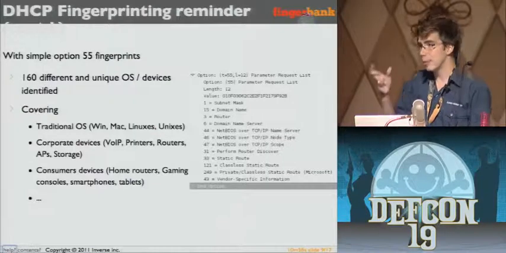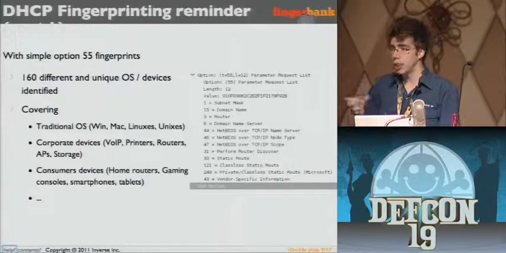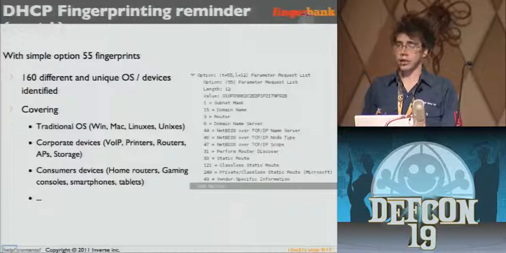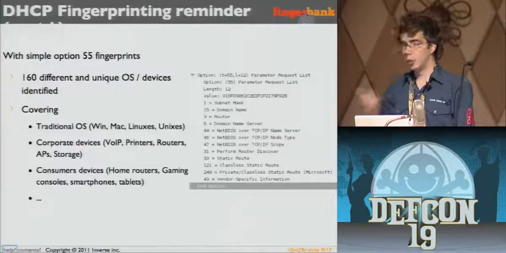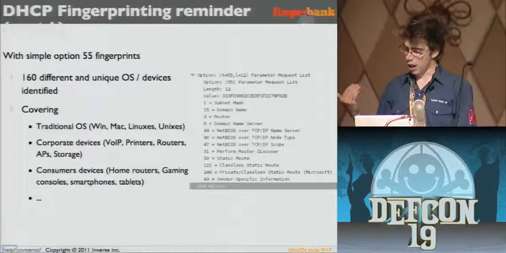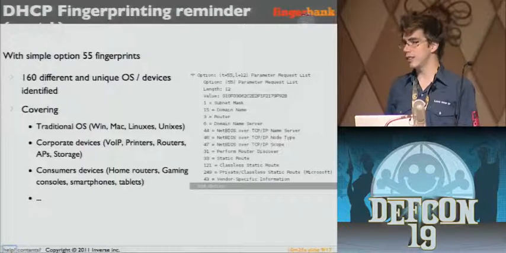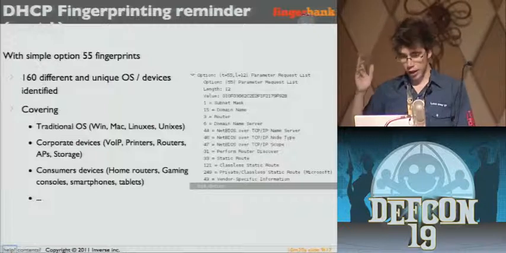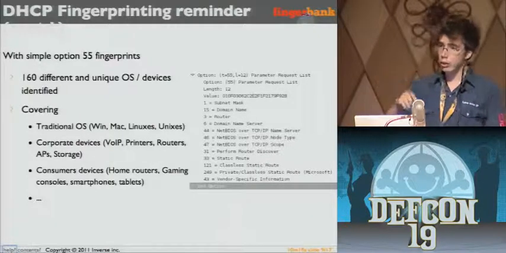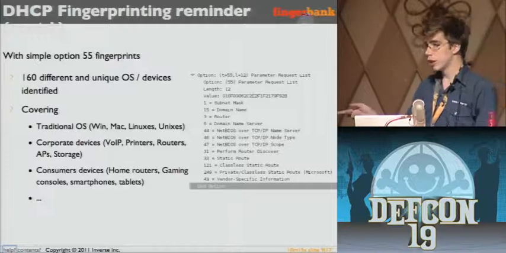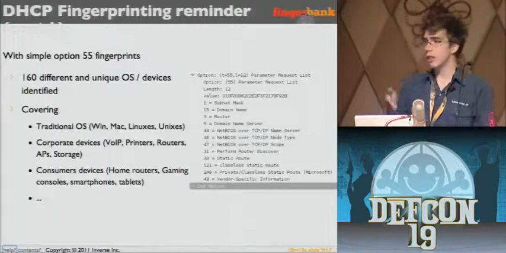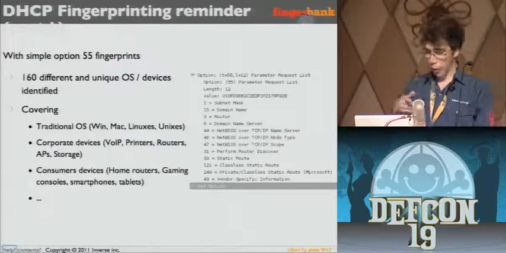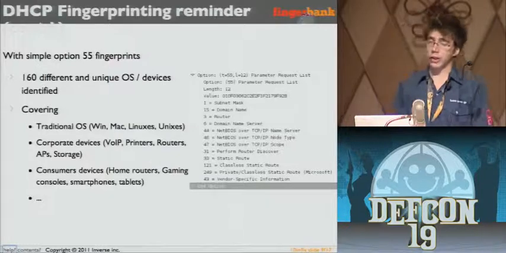Only that simple list helps us to uniquely identify a lot of stuff, like UPS devices, PXE stuff, thin clients, gaming consoles, smartphones, and we can even tell Androids apart: the HTC Android, the Samsung Android. It's great, seriously.